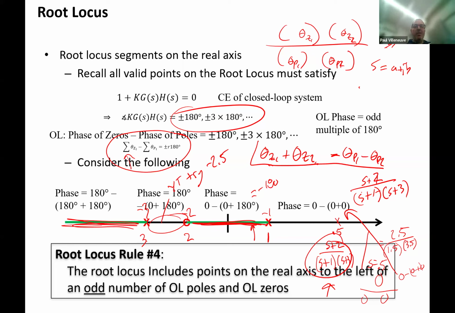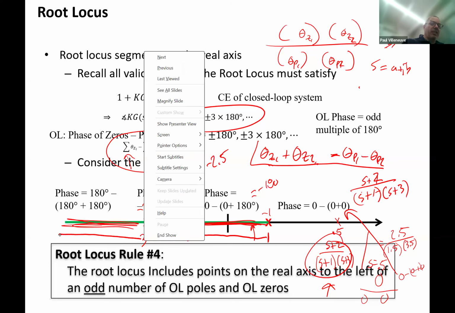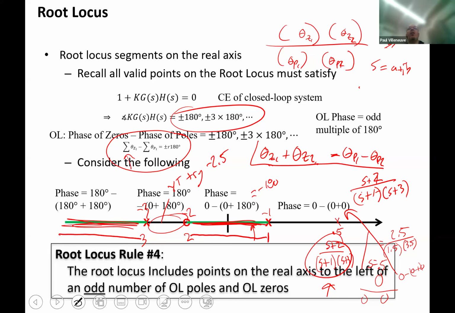So it lives between odd and even, right? It only lives on the real axis to the left of an odd pole or zero. So it lives here. Once I get to 2, am I to the left of an odd pole or zero? No, because 2 is an even number, so I stop. Same thing over here, only lives to the left of an odd pole or zero.